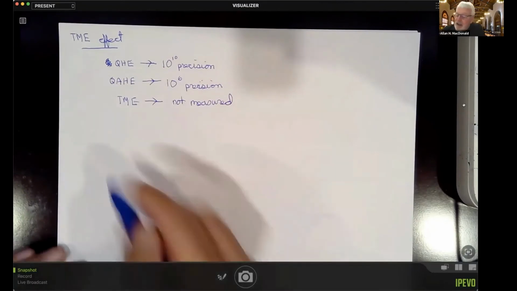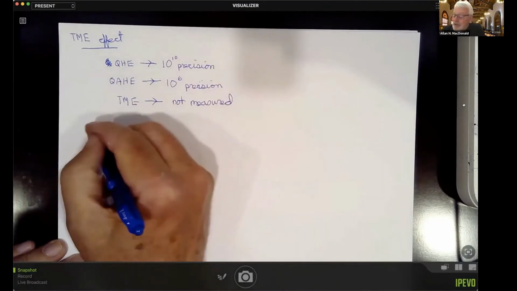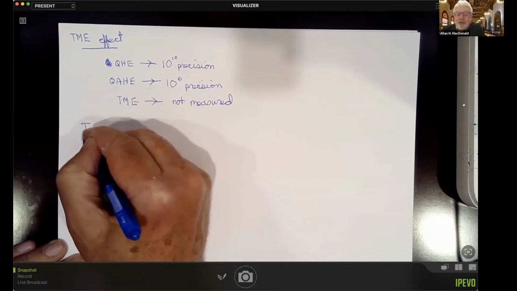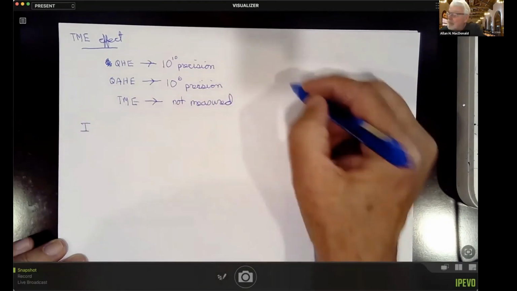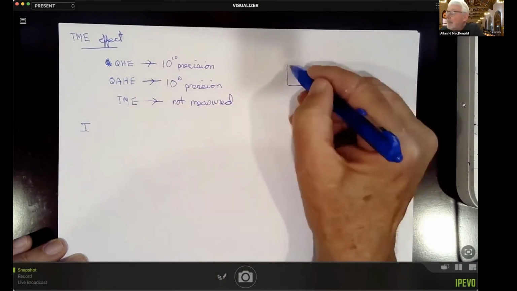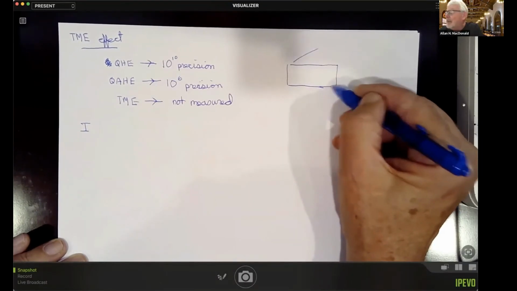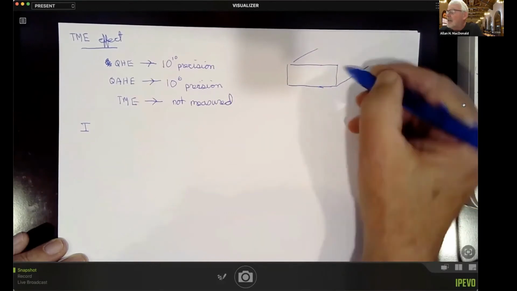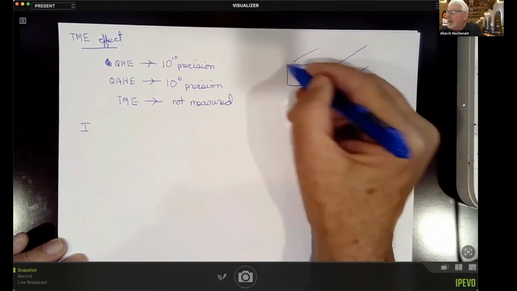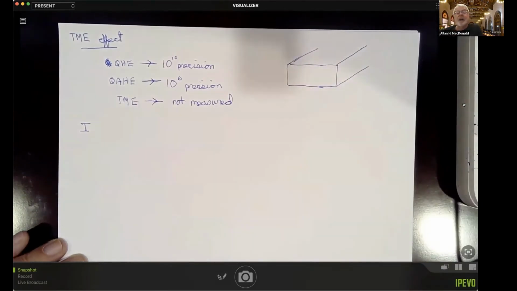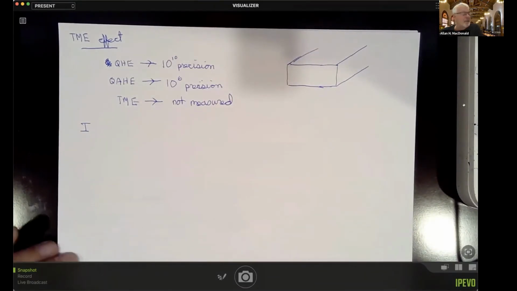Okay, so here's the equation I'm going to use to think about the topological magneto-electric effect. I'm going to think about a thin film in which I'm interested in measuring the quantized topological magneto-electric effect as a quasi 2D system. So it's 2D with some finite thickness, maybe very thick, but still I can think of it as quasi 2D if I want.